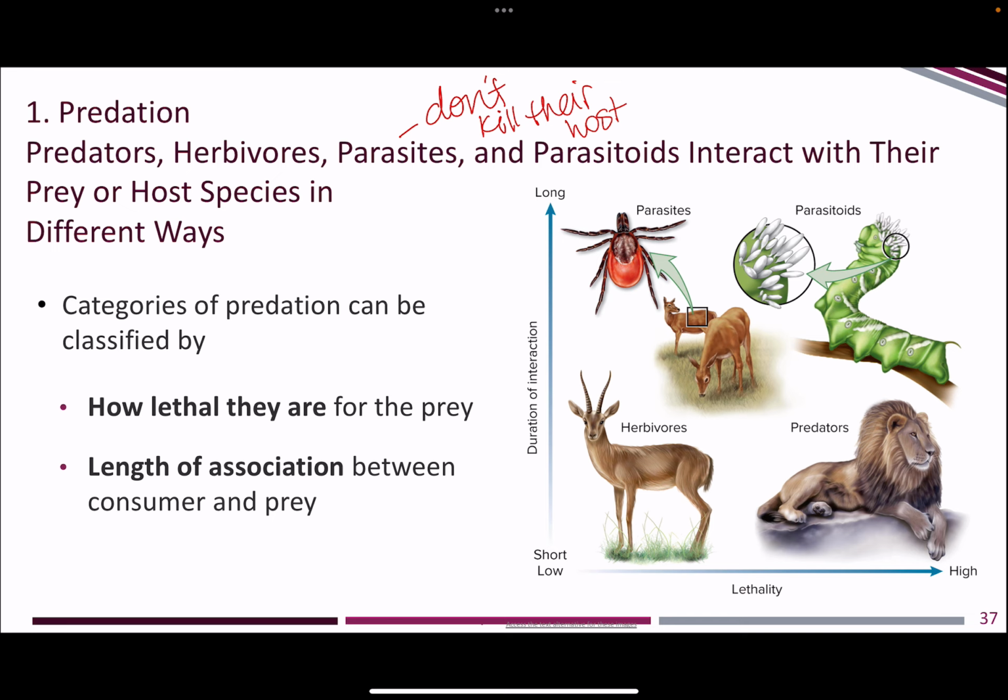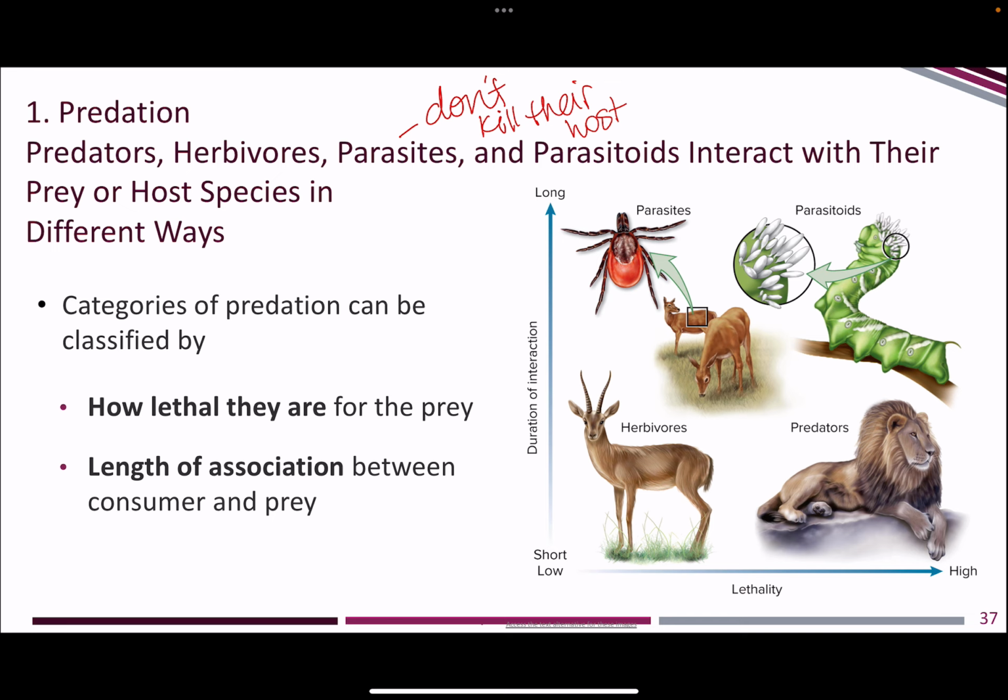And then we've got parasitoids, which I have listed here, but we're not really going to talk about them too much just because we have limited time. A parasitoid is basically a pseudoparasite that ends up killing their host. So predators, herbivores, and parasites are basically defined by how lethal they are and the length of this association with their prey.